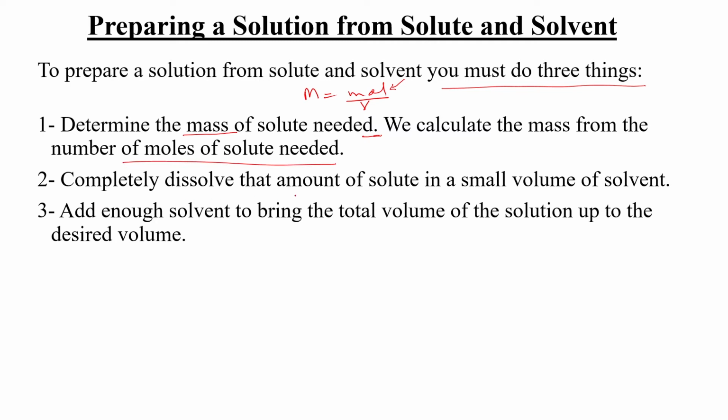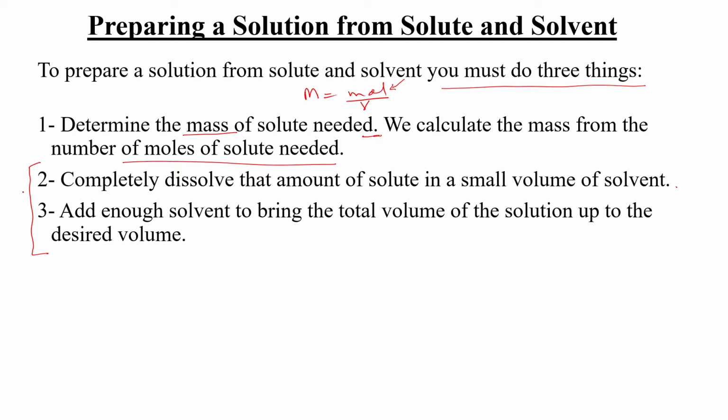Next, you will completely dissolve that amount of solute in a small volume of solvent, and then add enough water to bring the total volume of the solution up to the desired volume. These two steps are needed because when we make a molar solution, we make it in volumetric flasks, and the neck area of the volumetric flask is very narrow.